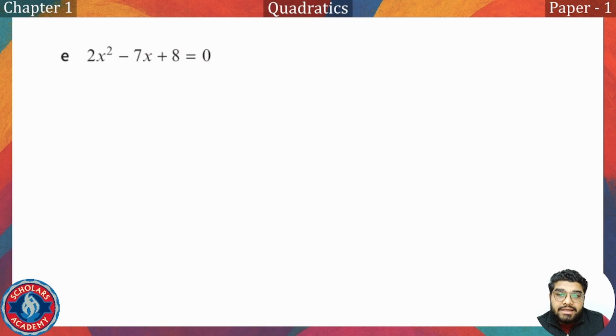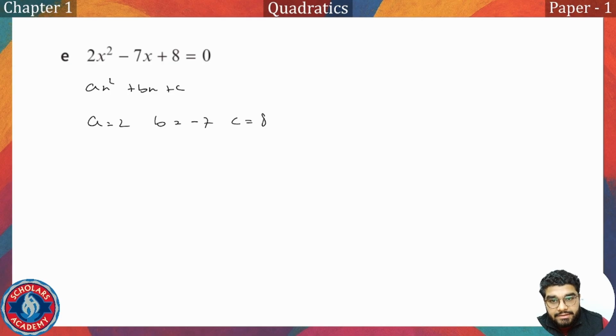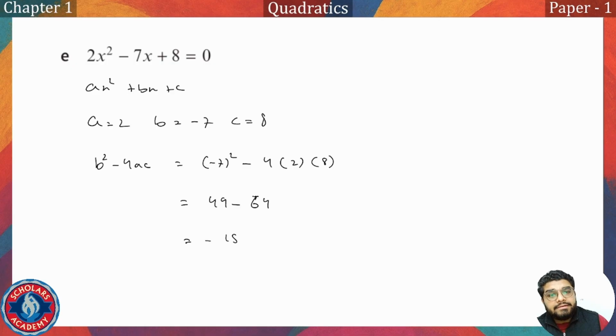Now if we compare it with ax square plus bx plus c, we get a is equal to 2, b is equal to negative 7 and c is equal to 8. Finding the value of discriminant b square minus 4ac is equal to negative 7 square minus 4 times 2 times 8, that is equal to 49 minus 64, that is equal to negative 15, right?